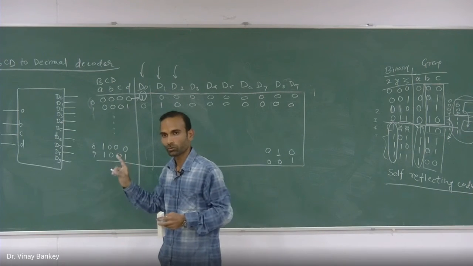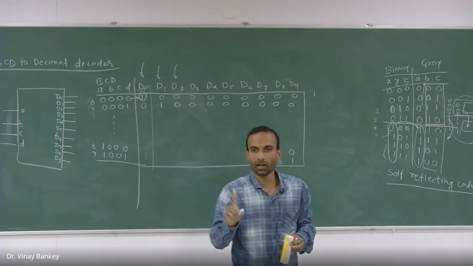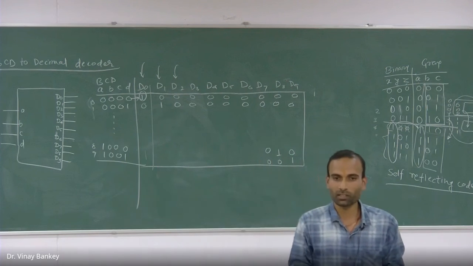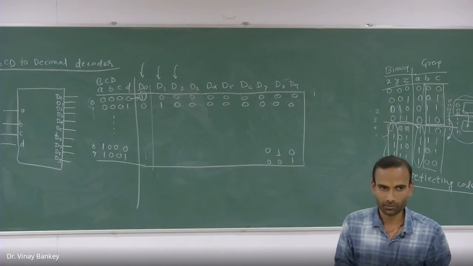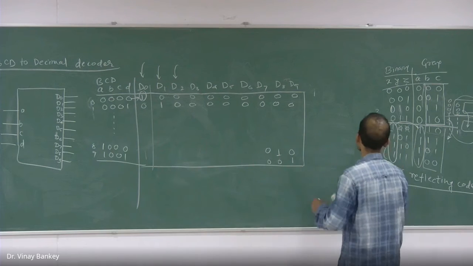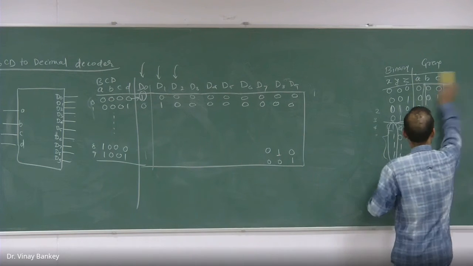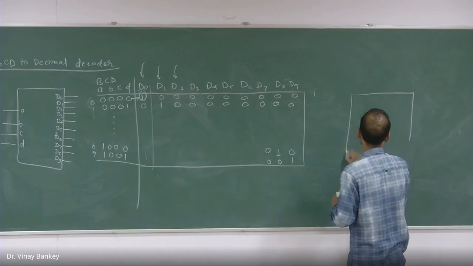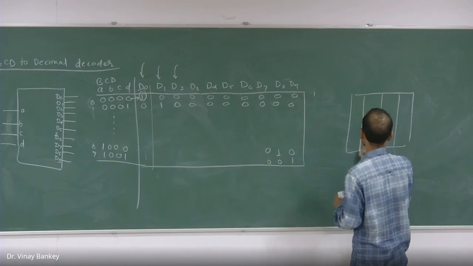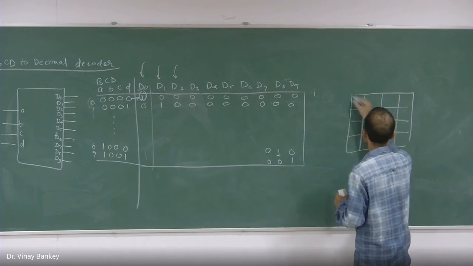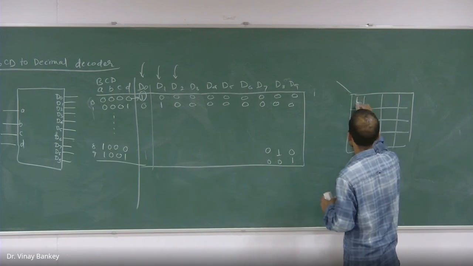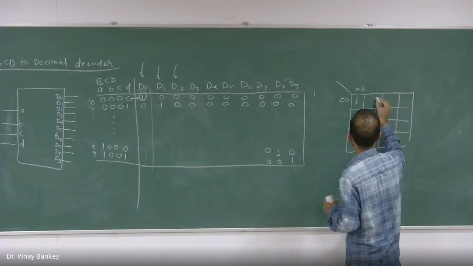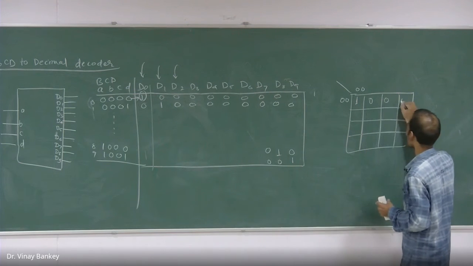So you will be having only one high cell in the 16 cells of the K-map, isn't it? So I will write it for D0. This will be high for 0, 0, 0, 0, and the rest all will be 0.